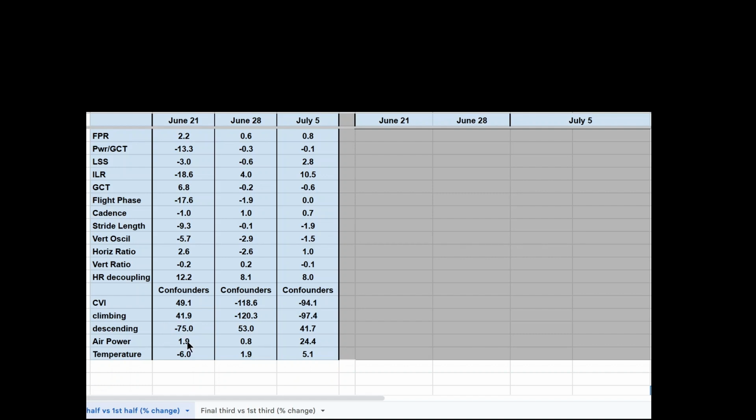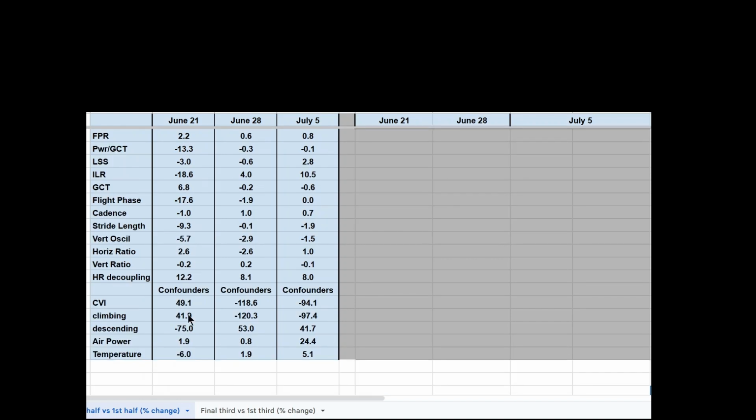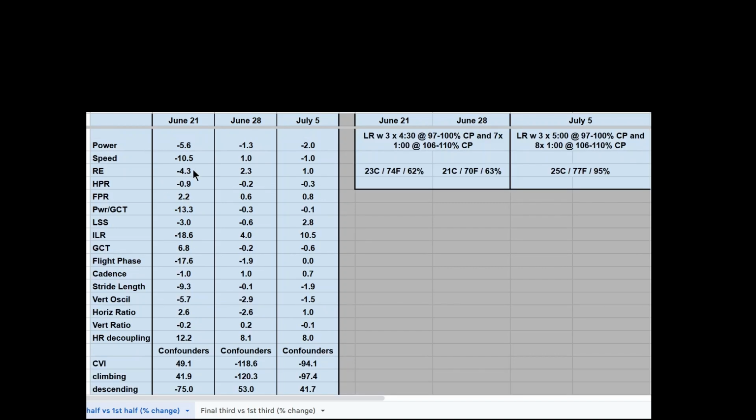Air power is a little bit higher, and temperature was lower in the second half than the first half, which would help mitigate the power. But these other aspects would probably be the source of the running effectiveness dropping more so than just the fatigue component, although we can't eliminate that as a possibility. But let's look at some of the other metrics.